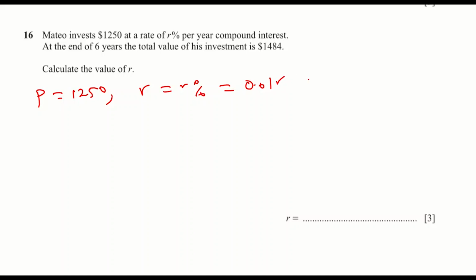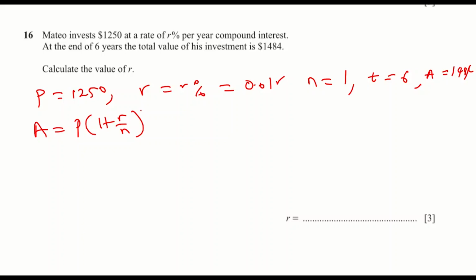Then the number of times interest is paid per year is once. Then T equals 6 years, and the amount at the end of 6 years equals 1484. So using the formula, the amount equals P into 1 plus R over N to the power of NT.